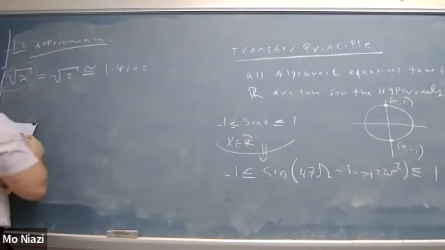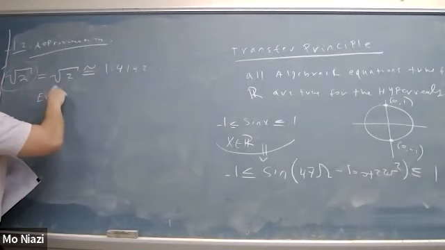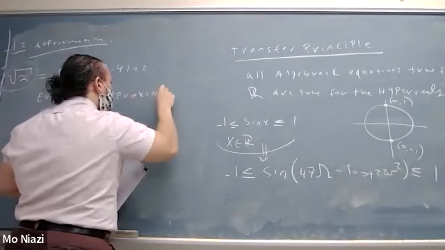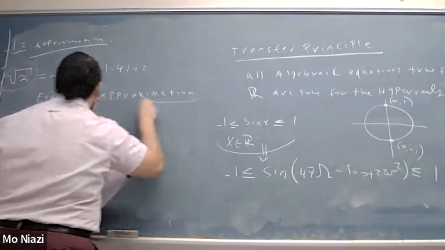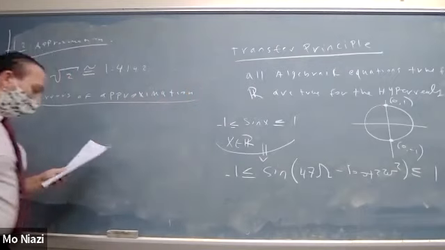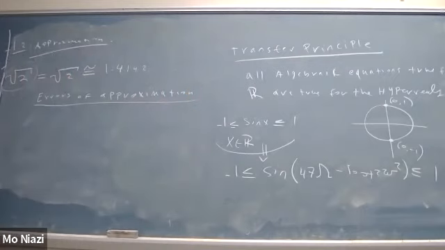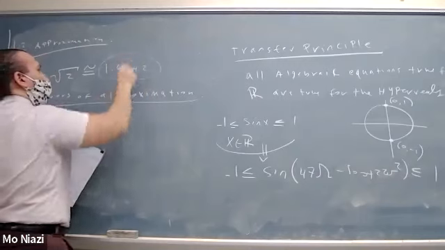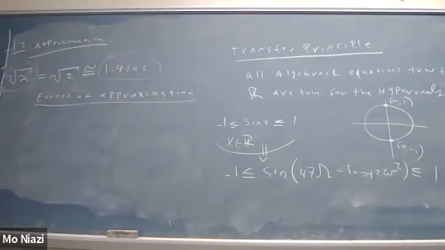So let's talk about errors of approximation. What is the error in assuming that the square root of 2 is actually equal to this number? That's what we aspire to find out. Well, one way to do it is to take the difference between the two values.